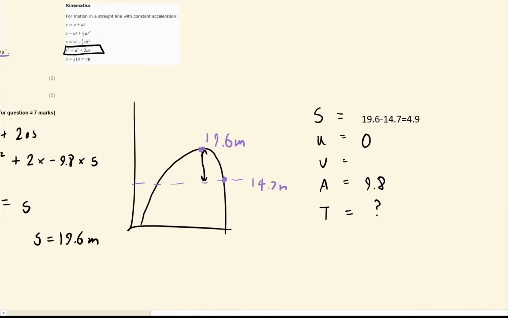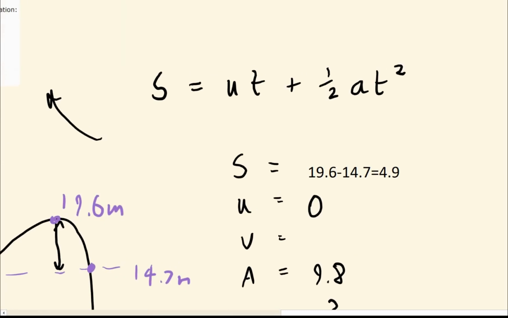We go to our list of formulae, and the formula we want to use is going to be S equals ut plus a half at squared. Again, let's fill in what we know. We have 4.9. If u is 0, then ut is also 0, plus a half times 9.8 times t squared.